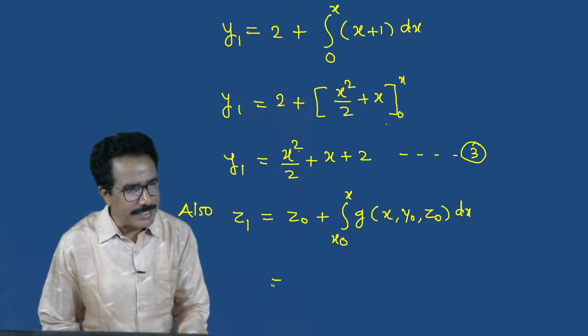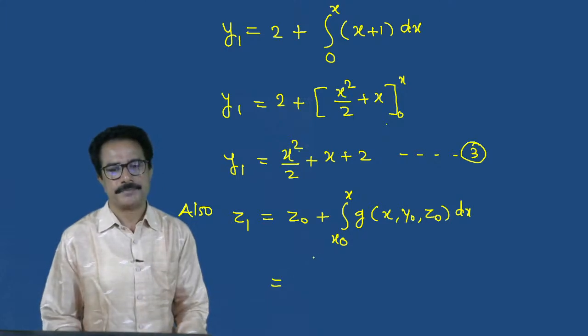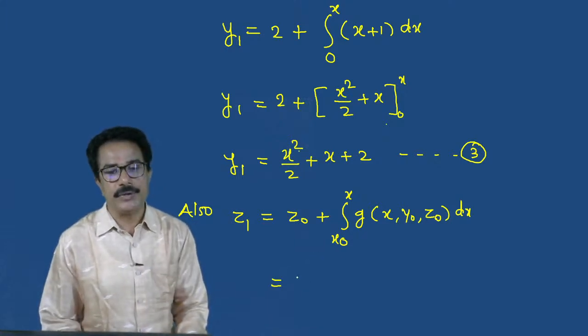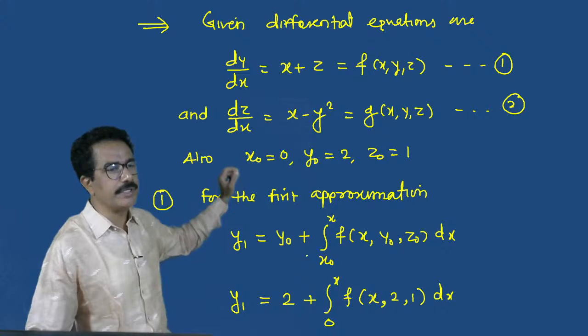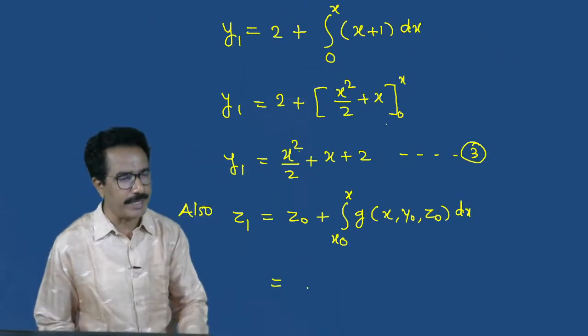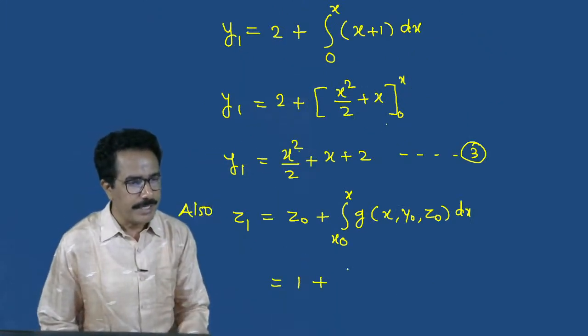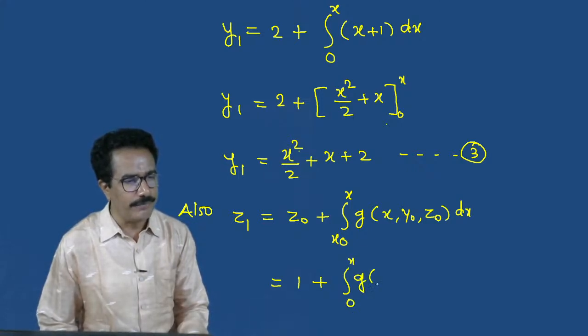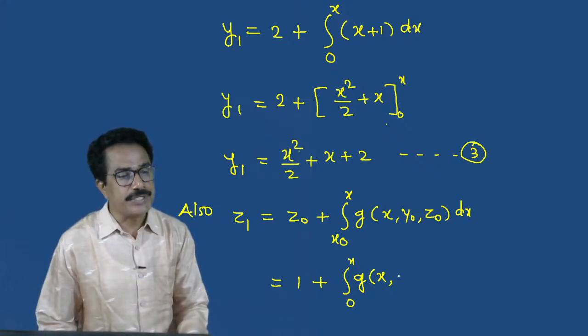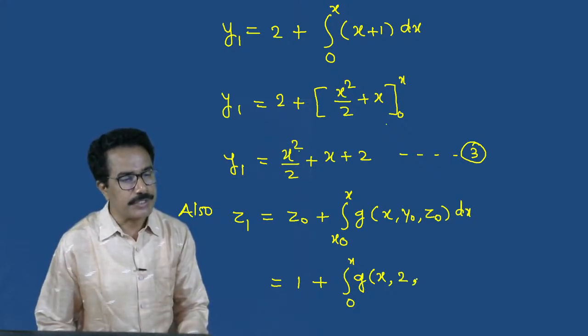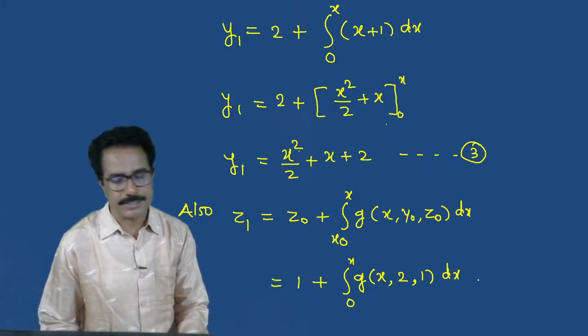So we can write this side z0. What is the value of z0 according to the initial condition? z0 is 1 plus integration of x0 is 0 to x g of x comma y0 means 2, z0 means 1 dx.